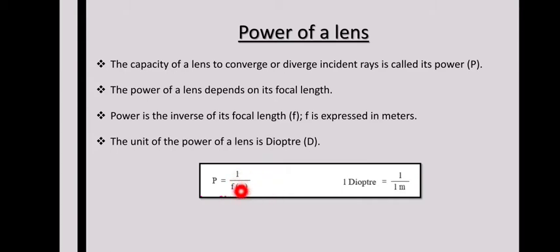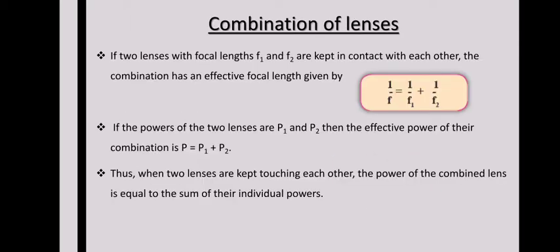This focal length is given in meters, correct? So the unit of power of a lens is diopter, that is D. So what will be 1 diopter? 1 diopter is equal to 1, because it is inverse, that is why 1 on the top, upon 1 meter, that will be 1 diopter. Focal length 1 meter, okay? Followed, students? That gives you 1 diopter power, right?